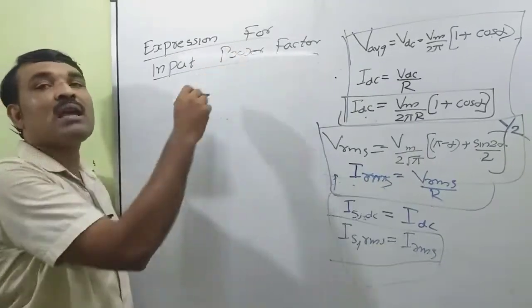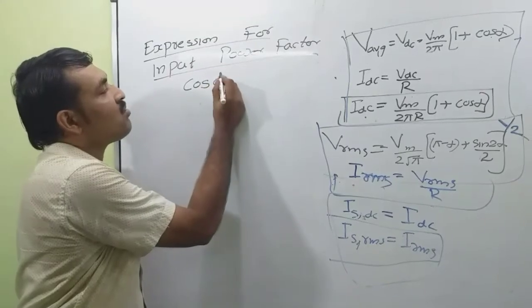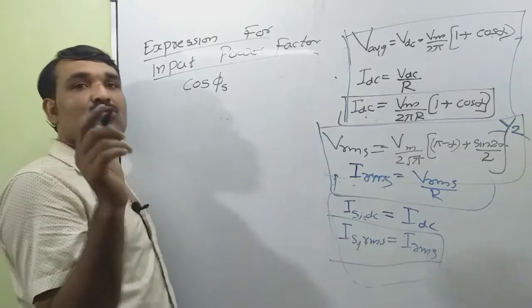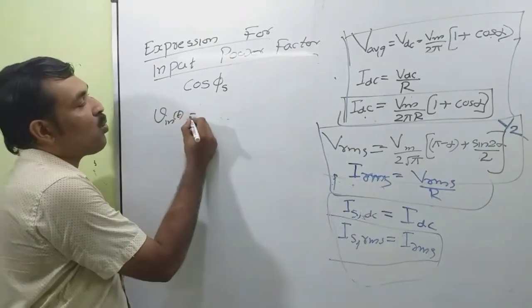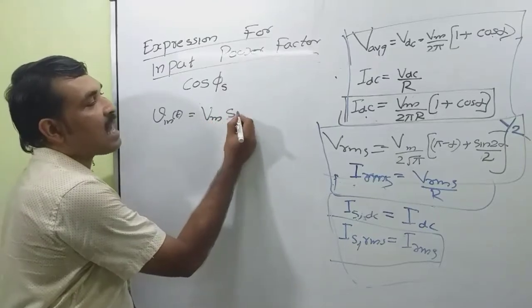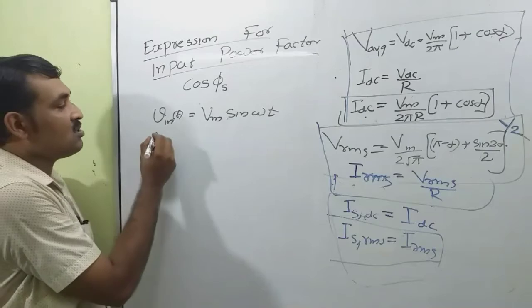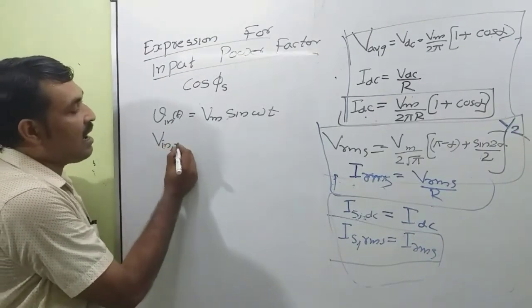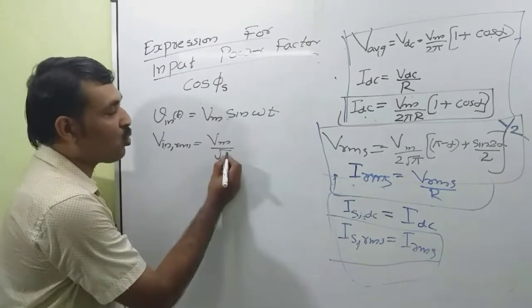Now the expression for the input power factor. Let the input power factor be cos phi S, where S stands for source, the power factor of the source side. And we know that V input is equal to Vm sin omega t. So what is the RMS value of the input? We can write the RMS value of the input, V in RMS, that is equal to Vm divided by root 2.